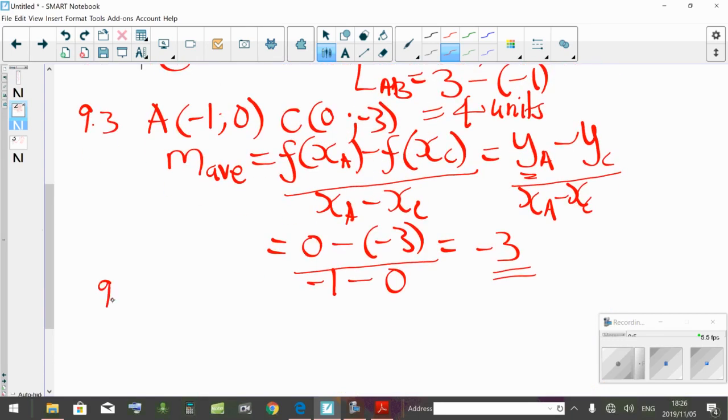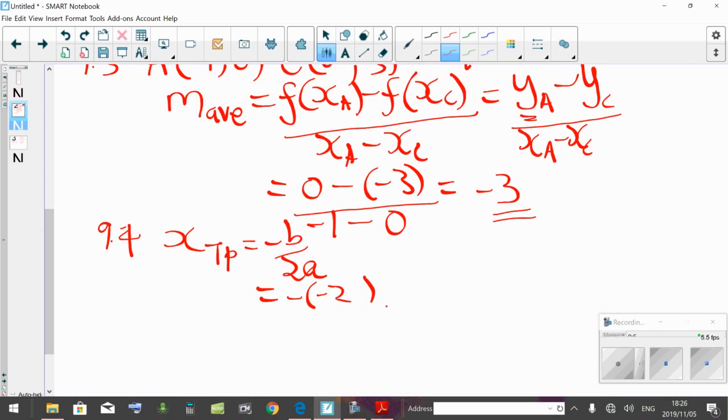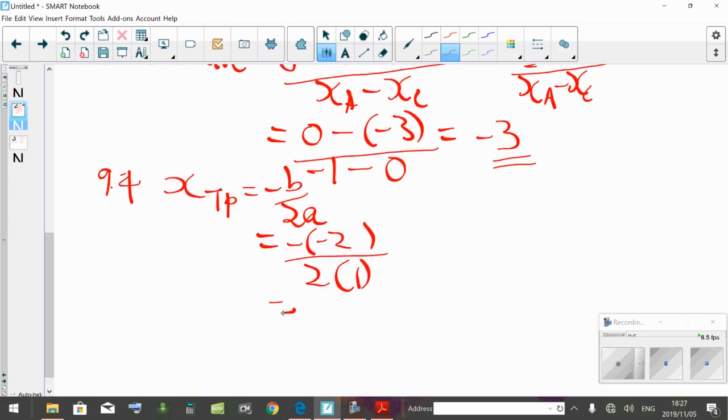Remember, from part 1, we said the x value of the turning point is given by -b over 2a, which is negative our value for b, -2, over 2a, where a is 1. This in turn gives us 1.